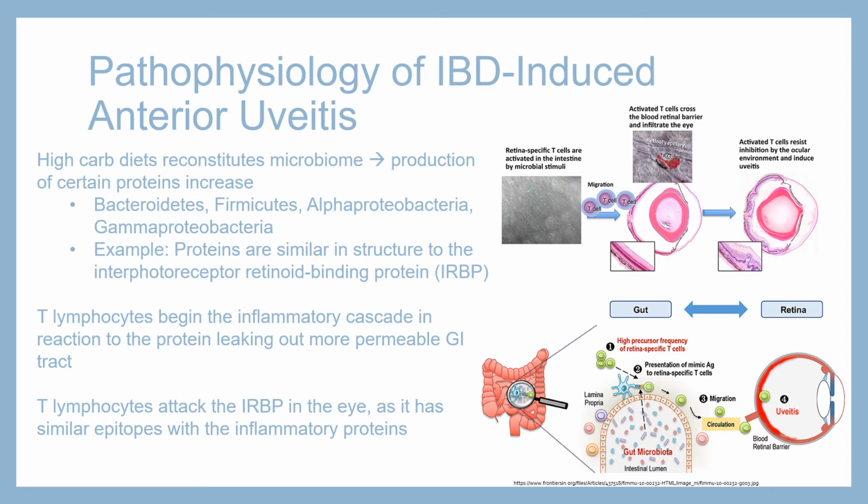With high-carb diets and the microbiome that is reorganized from it, certain proteins increase in production in the gut by those bacteria. Examples of such microorganisms that produce the proteins are Bacteroidetes, Firmicutes, alpha proteobacteria, and gamma proteobacteria.